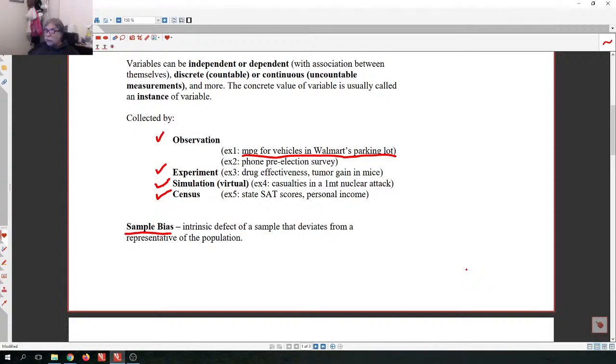We try to make it as close to a representative of the population as possible, but in general we will always end up with some bias. We can actually in statistics measure that bias. That bias could be numerically measured, and there is a way to do that, but this is not going to be a topic of our course.